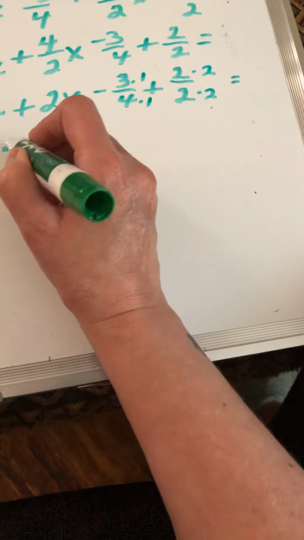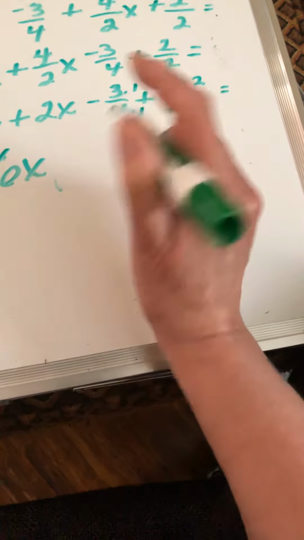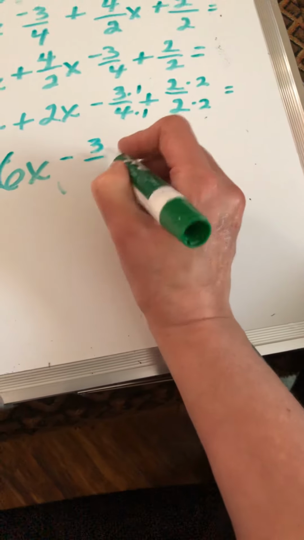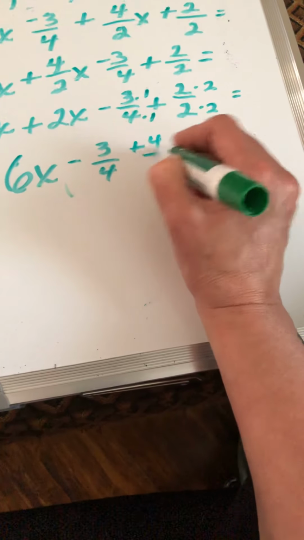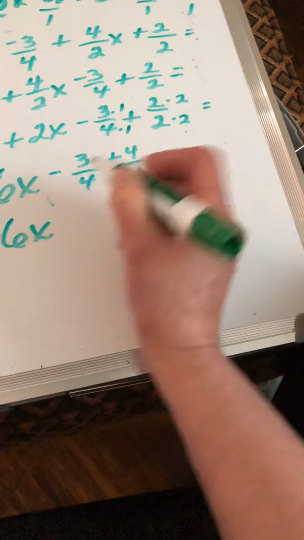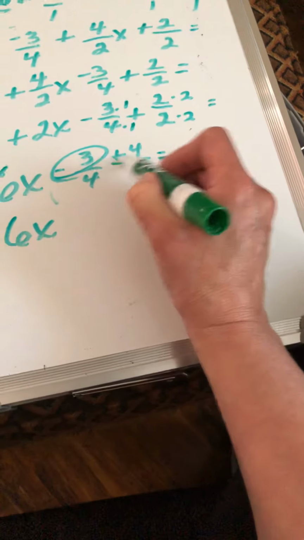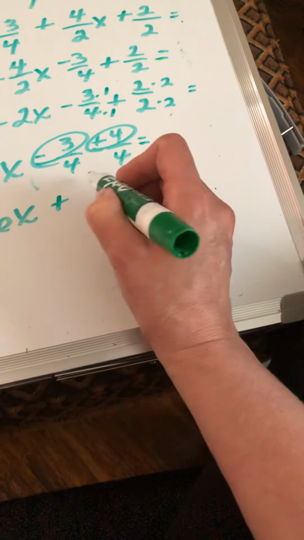So now let's go with 6x minus 3/4 plus 4/4, which is 6x. I've got 3 negatives and 4 positives. If I combine those out, I end up with an extra positive, 1 extra positive.